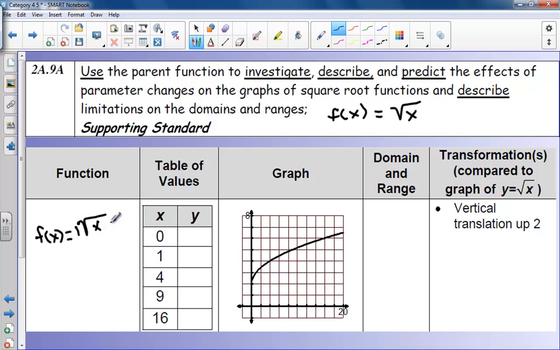Vertical translation up 2 means k has changed, and k goes outside of the square root. So this is the function right here. I can graph that. My vertex point will be located right here, and that is (h, k), which is (0, 2).